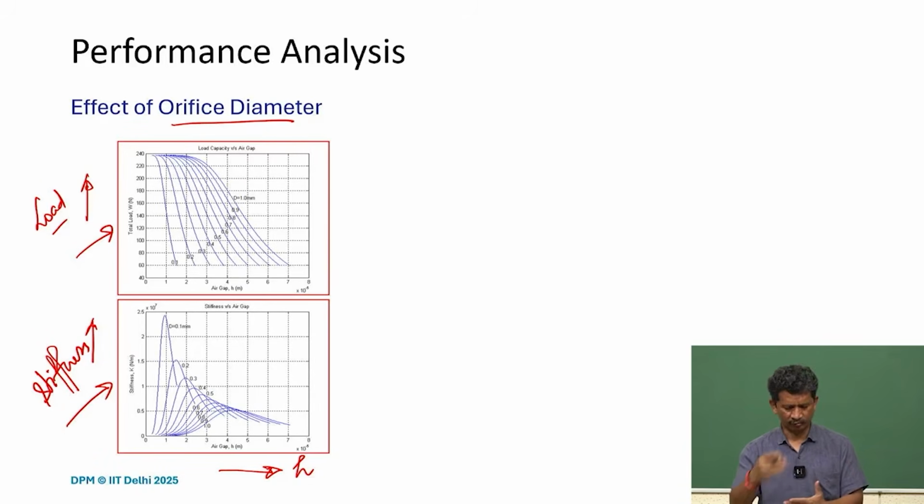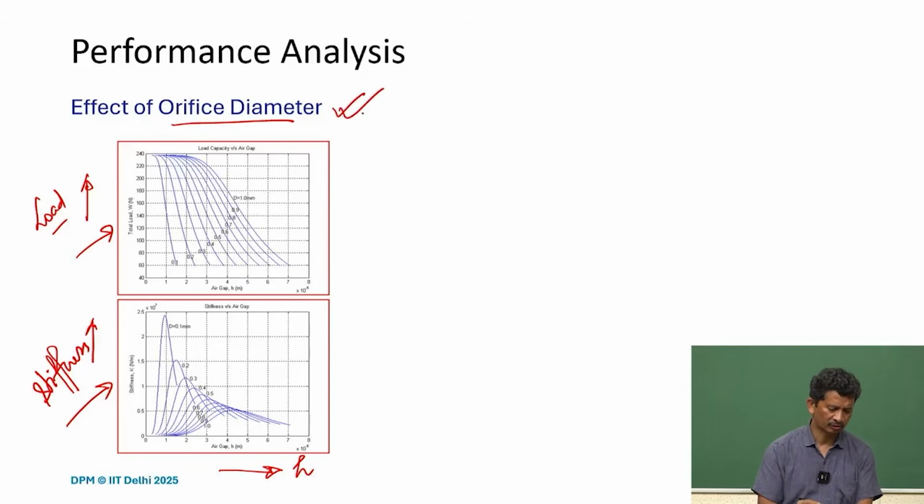Once we have the pressure distribution, we can calculate the load capacity, and then we differentiate with respect to H to get the stiffness. That's how we plotted it. And here we change the orifice diameter, from 0.1 to 1 millimeter, and then we see what the effect is.